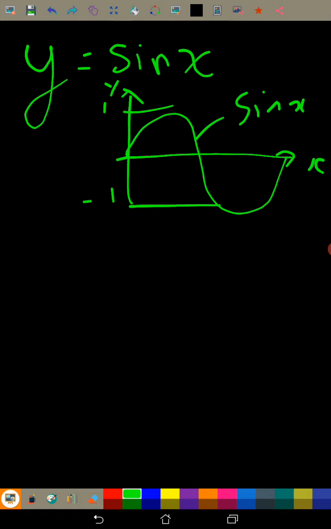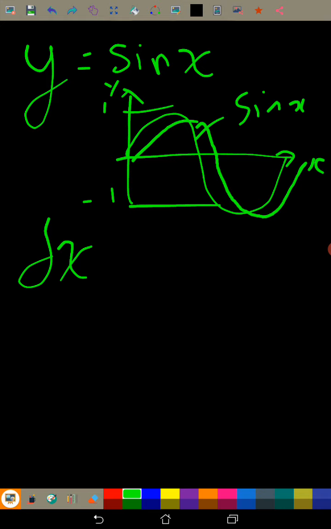So we say dx, which is very small. Let delta x be a small increase in x. Actually, it's better to do it with another color. So something like this. We see that there is a change in x by delta x.